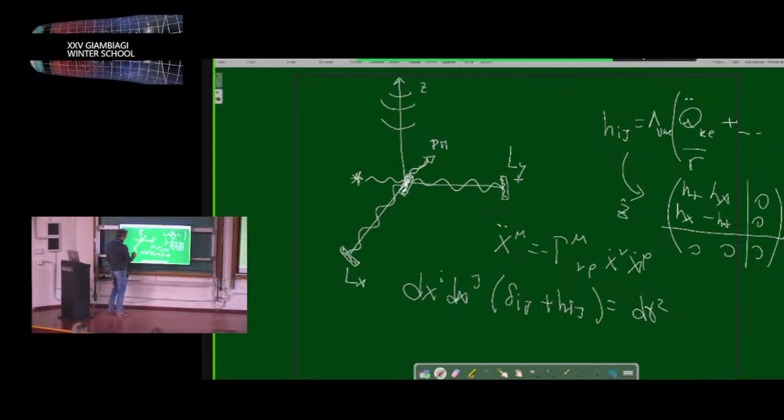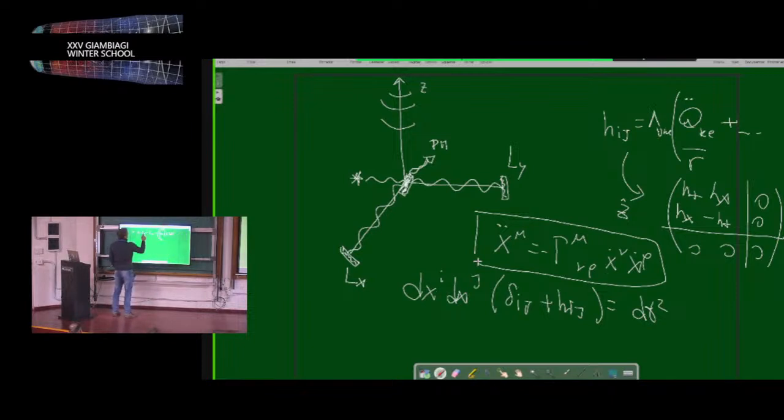But the coordinate of the mirror is fixed, because this tells me that x double dot is equal to 0. What is not fixed is the physical distance, because the physical distance is not delta L, but is delta L integrated over h_ij. And that's what I'm doing next.